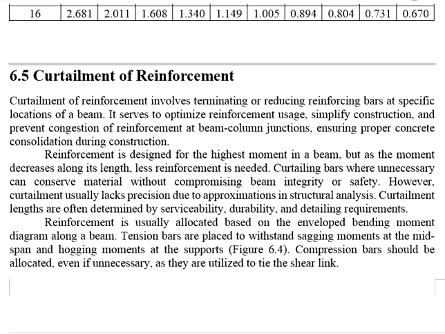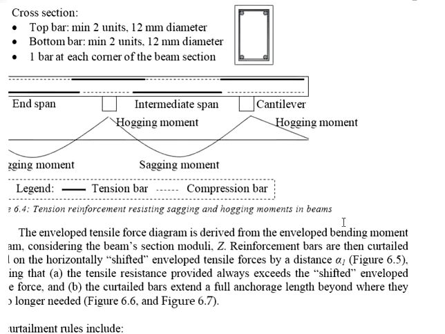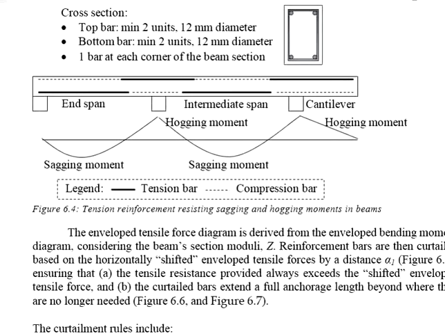And why do you need to do curtailment? You would like to save the materials, simplify the construction, and also prevent congestion of the reinforcement bar so that the concrete can be cast properly. And then when you do the curtailment, you will need to refer to the bending moment diagram.